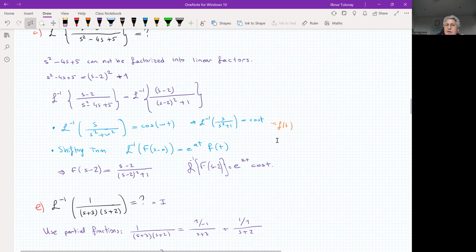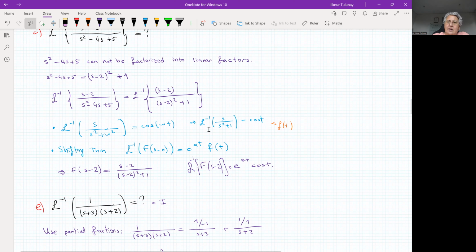Maybe I will explain a little bit more. So we want the inverse Laplace transform of this one. We know that the inverse Laplace transform of s over s squared plus w squared is cosine wt.